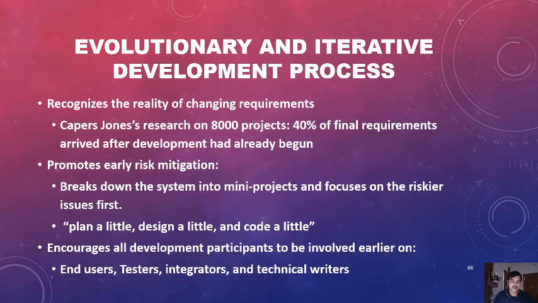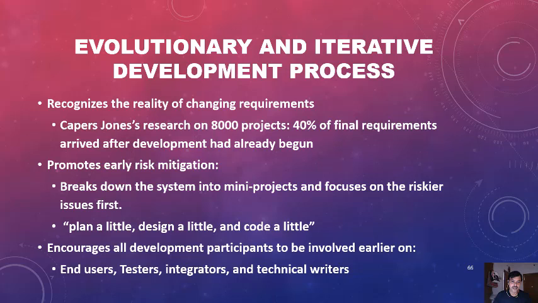Evolutionary and iterative development processes recognize the reality of changing requirements. Capers Jones researched 8,000 projects and found that 40% of the final requirements arrived after development had already begun.